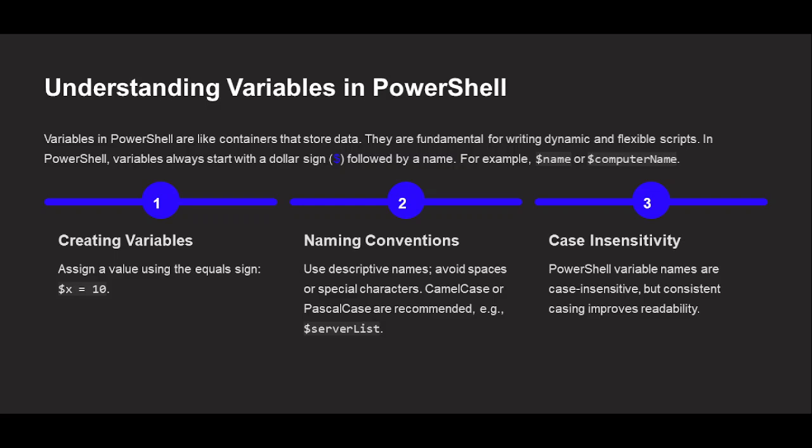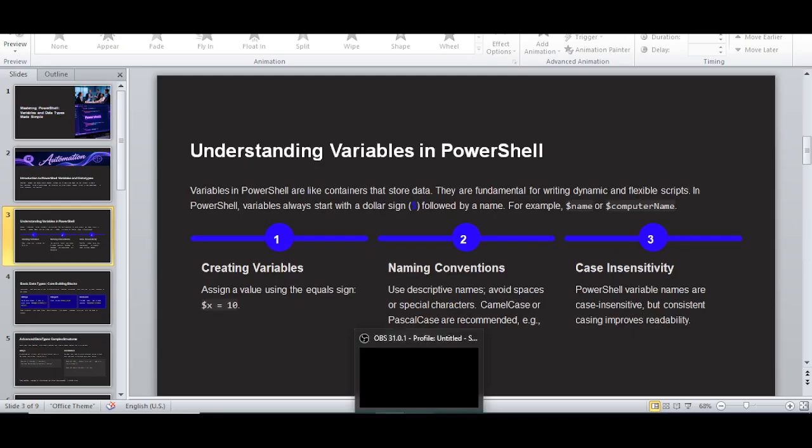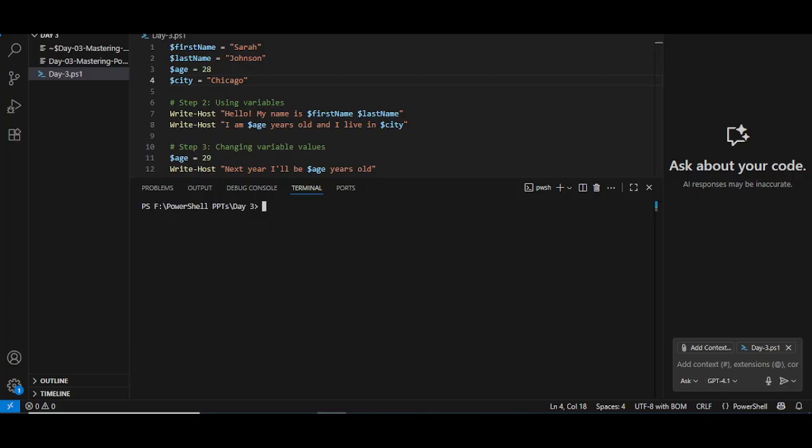So let's understand in more detail how we can define a variable. For example, I want to define my name. I will use a dollar sign and then give it a descriptive name, $firstName, and I assign the name of that person, which is Sarah, and press enter.